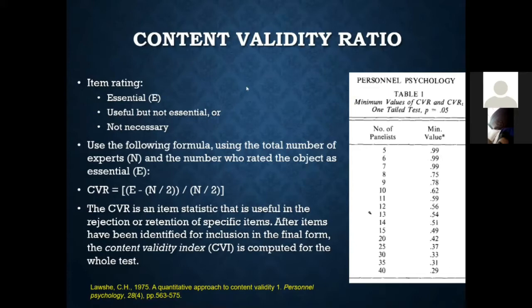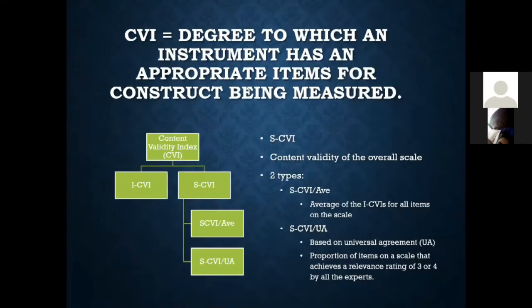CVR, content validity ratio. Okay, the next one and the most popular one is CVI, content validity index. This is the degree to which an instrument has appropriate items for the construct being measured. Okay, for the construct being measured, we would like to see whether the items are appropriate.